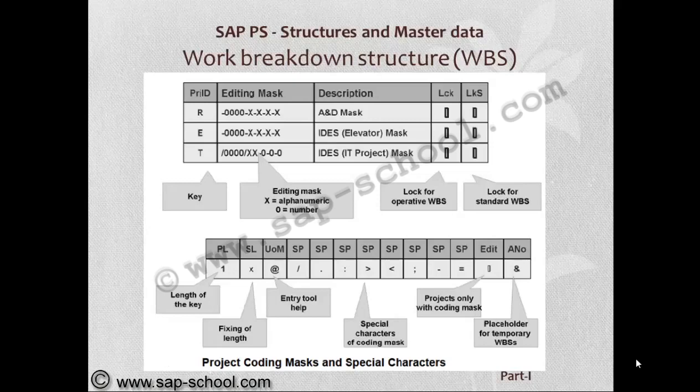Here X and O are specifying alphanumeric or numeric characters, and the flags for locking standard or operative structures, the length of the keys and fixing the length, special characters, and placeholders for temporary WBSs. So this is the customizing we need to do for project numbering.